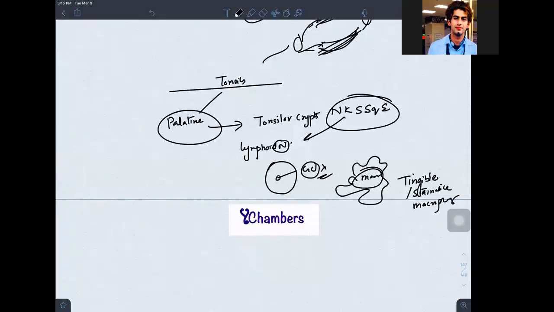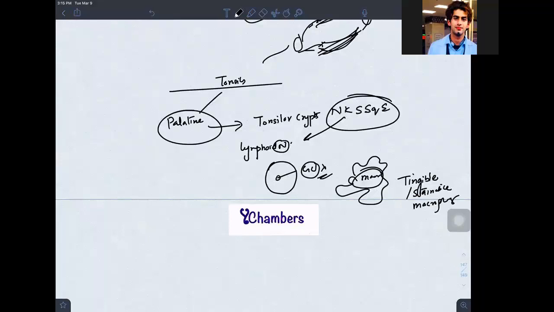Okay, do you know the characteristic of this tingible? I remember starry sky and Burkitt's lymphoma. I won't go there right now, but from pathology, in Burkitt's lymphoma a starry sky appearance is seen.